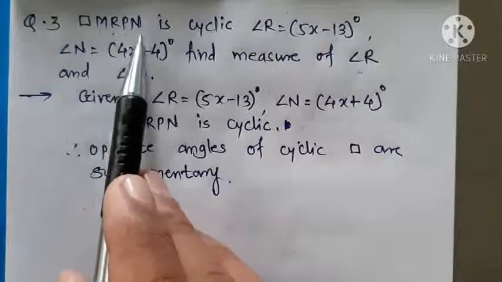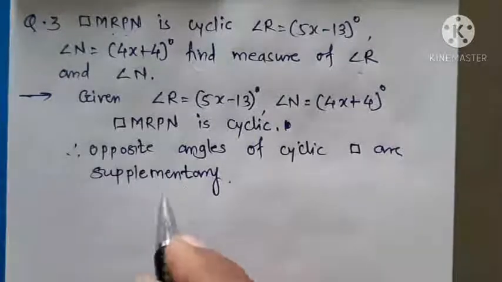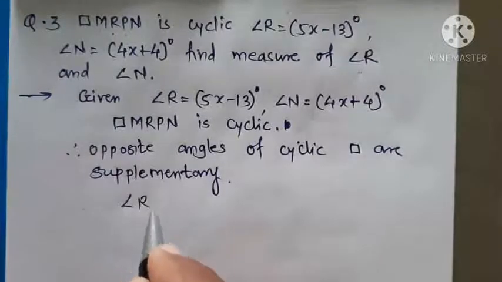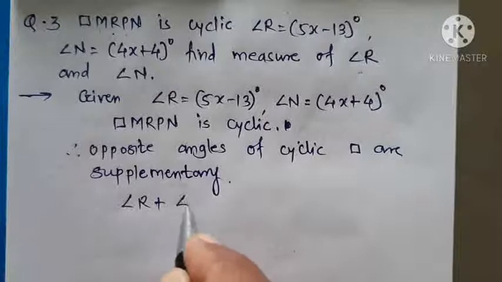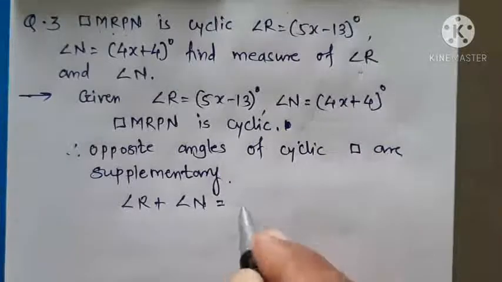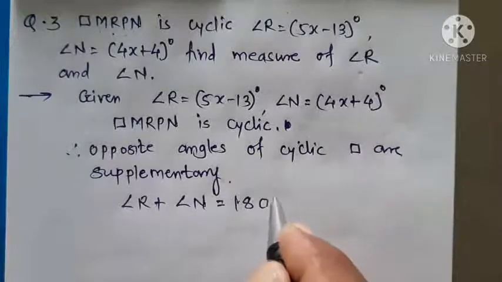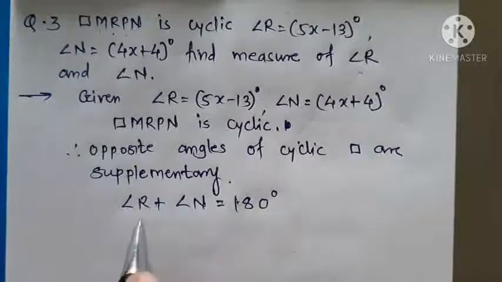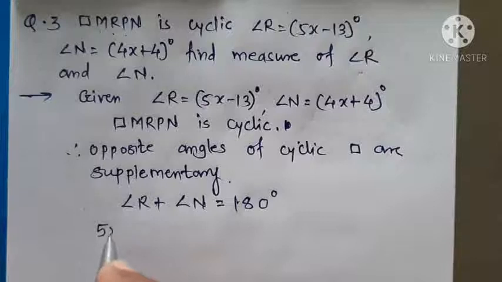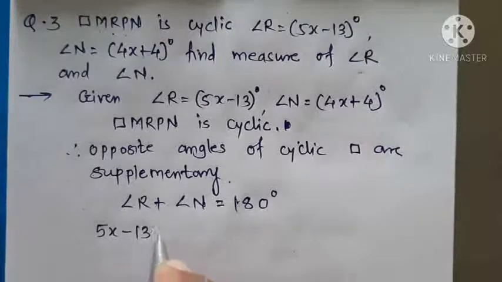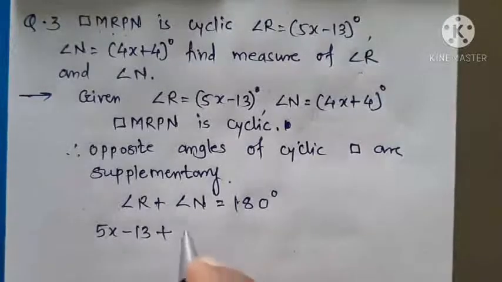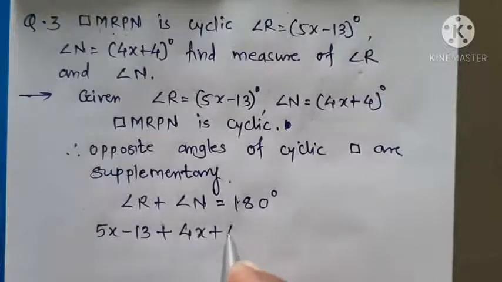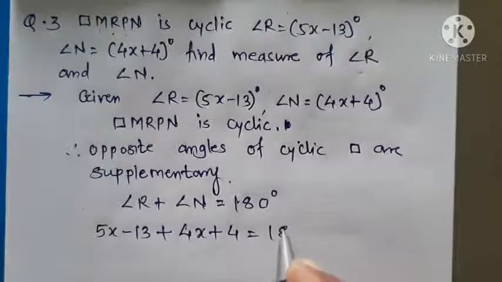Angle R and angle N are opposite angles. Therefore, angle R plus angle N is equal to supplementary, that is 180 degrees. Therefore, put the value of angle R and angle N. Angle R, that is 5x minus 13 degrees, plus angle N, that is 4x plus 4 degrees, is equal to 180.